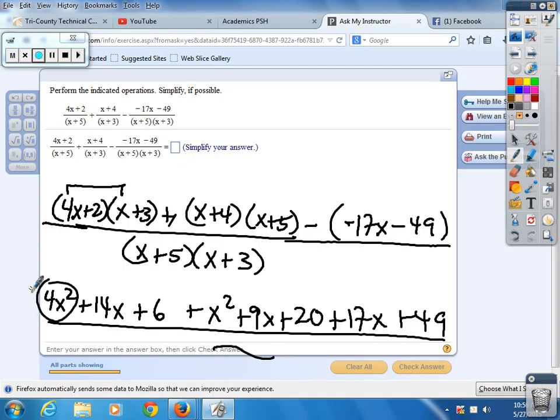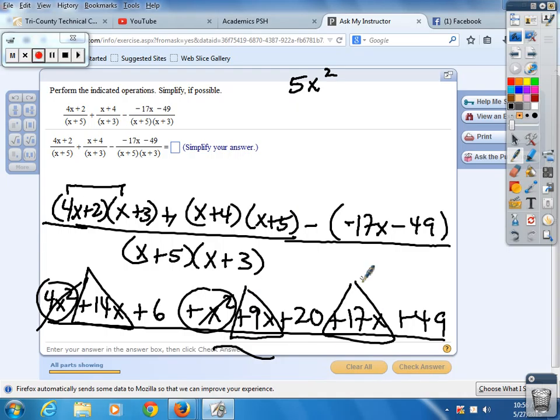Then 4x squared plus x squared is 5x squared. 14x plus 9x is 23x. 23x plus 17x is 40x. And 6 plus 20 is 26, plus 50 is 76, minus 1 is 75.